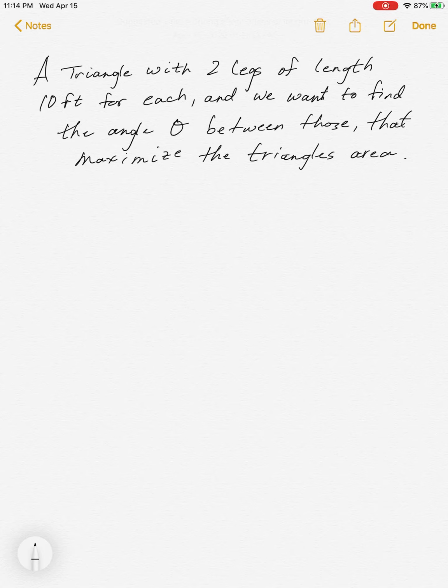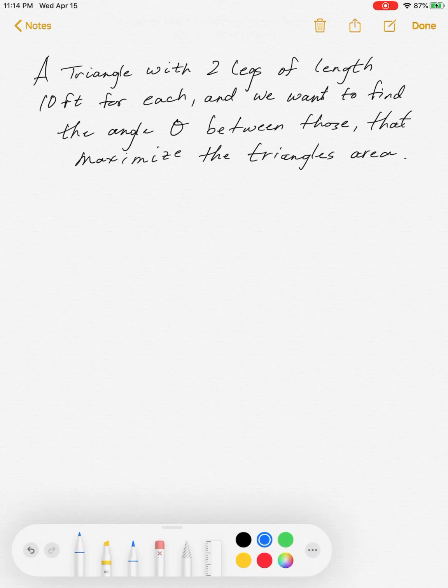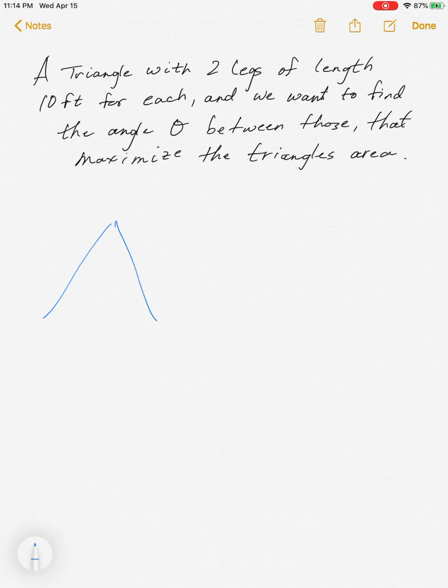Alright, so background knowledge right here. Draw your triangle. These legs right here are both 10 feet. We want to know the angle theta that will maximize the area of this triangle.